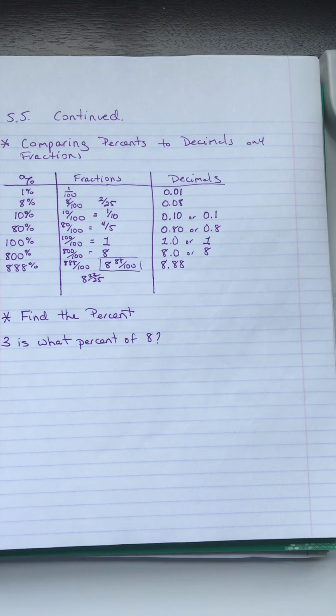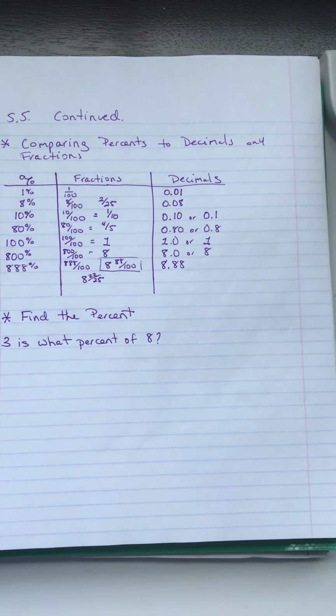Now, you have to think of this as a math problem, similar to when you have the product, one of the factors, and a missing factor, and you end up dividing in order to find the missing factor.